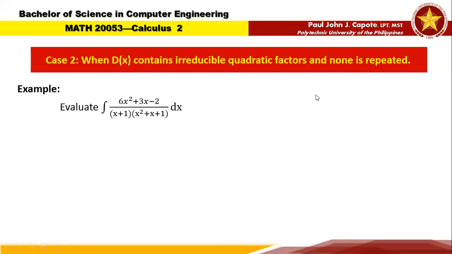At the same time, it's irreducible, because we cannot factor this quadratic expression into a product of two factors.